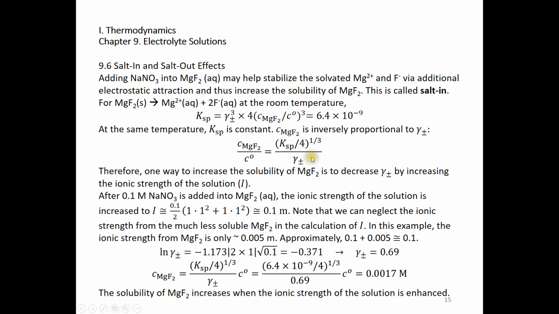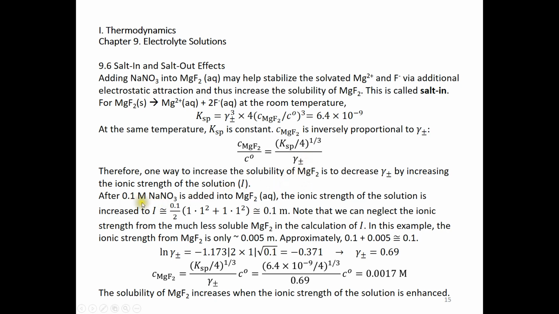So if we can lower this activity coefficient, we can increase the concentration of magnesium fluoride in water, and that means we can increase the solubility of magnesium fluoride. But how can we reduce this gamma? Well, it's pretty simple. We can increase the ionic strength of the aqueous solution.